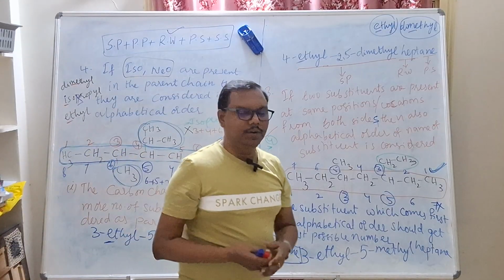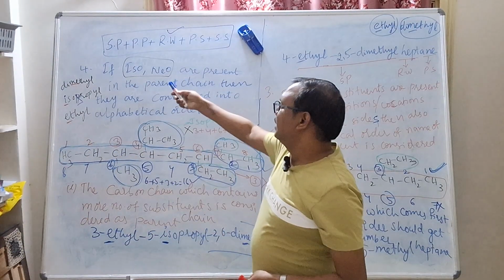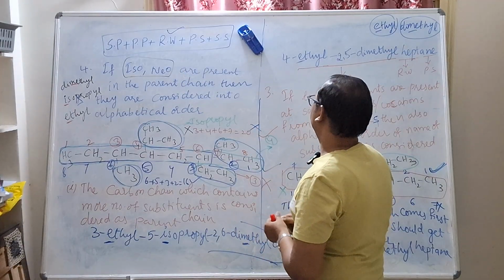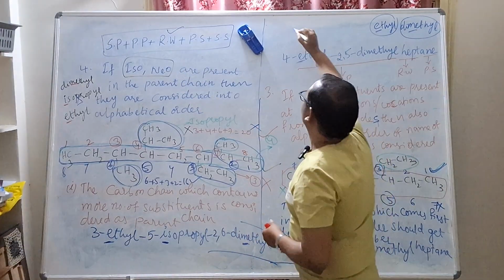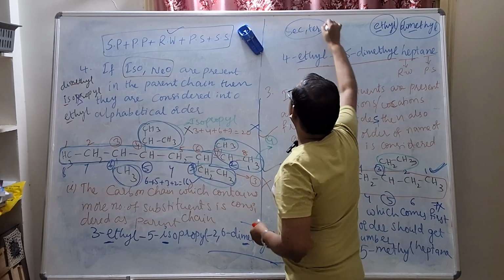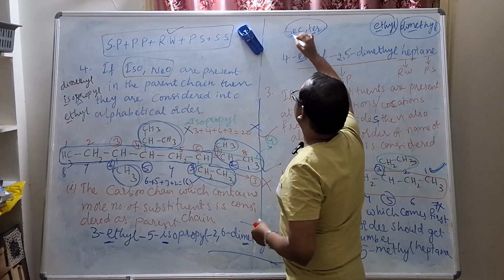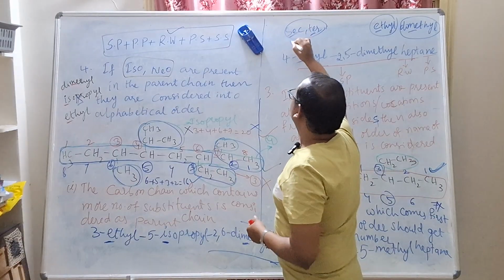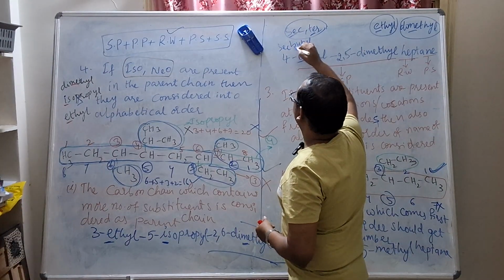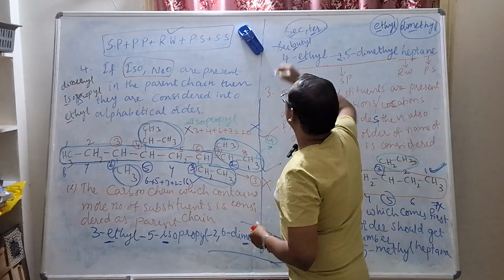See, the note you have to write is: if secondary and tertiary are present, then those are not considered in alphabetical order. You should not consider them. For example, secondary butyl: which letter do you consider? B only, S you should not.